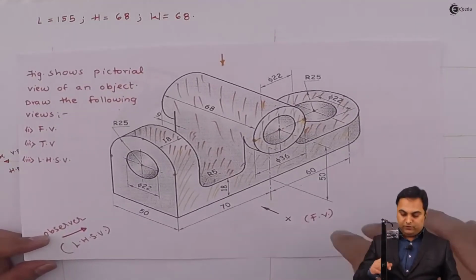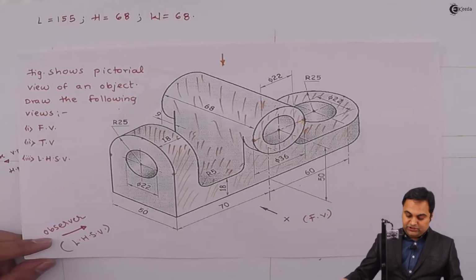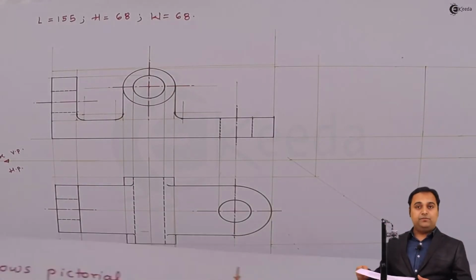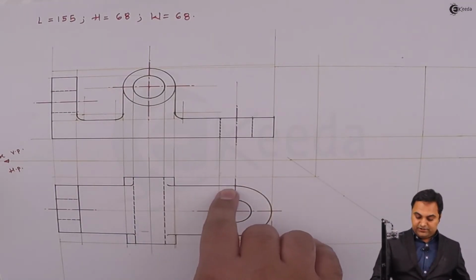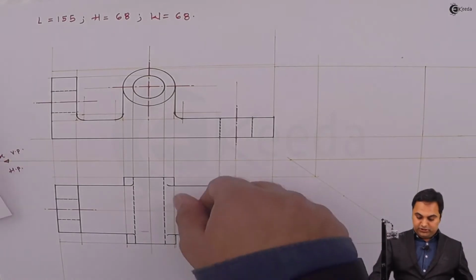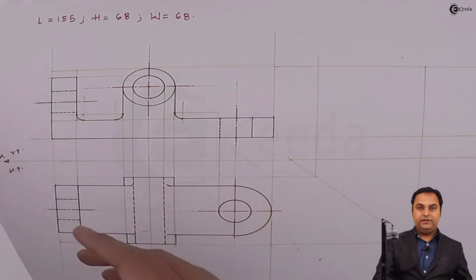Then looking from top, there will be change of plane between the cylinder and the surface, and that change of plane is indicated with the help of the dark line here.